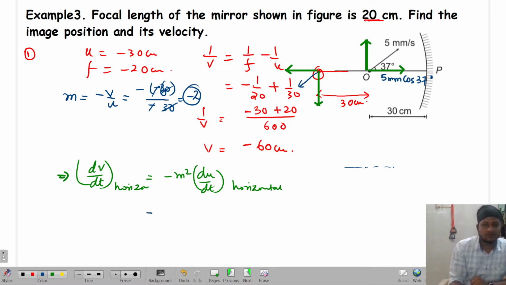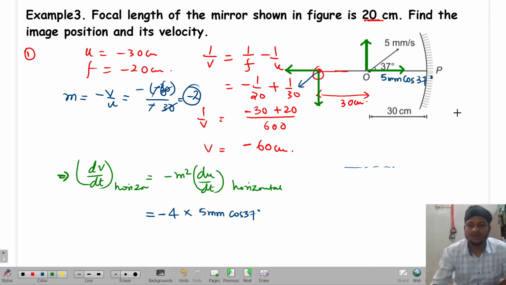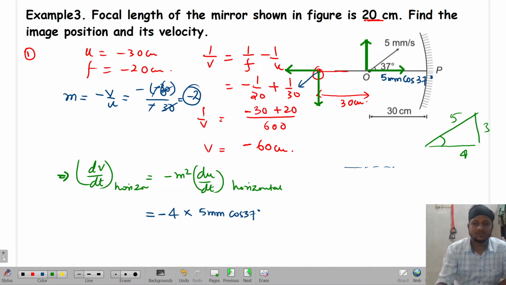So now look over here. So this m square is how much? It will be 4. Minus of 4 into du by dt horizontal, which is how much? 5 millimeter into cos 37 degree. Now remember how to solve this cos 37 and all. So draw a right angle triangle. Right 3, 4, 5. Just opposite to the smallest side, it is 37.